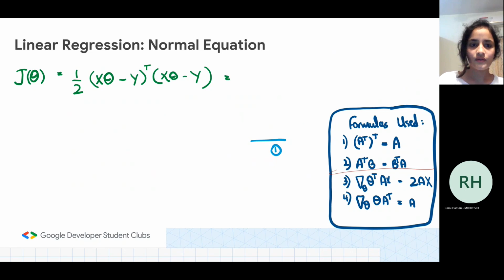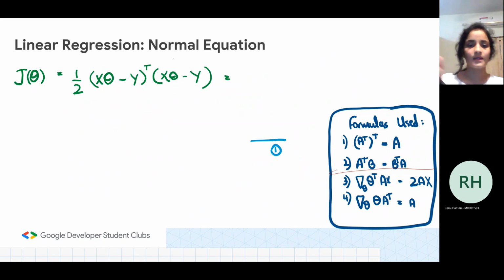To open up these brackets, you multiply each term with each other term, and then minus this term with this term. That's how you open brackets, right? First, let me open the transpose.